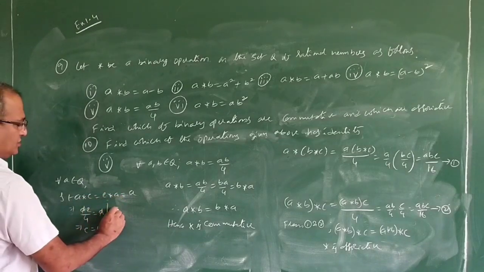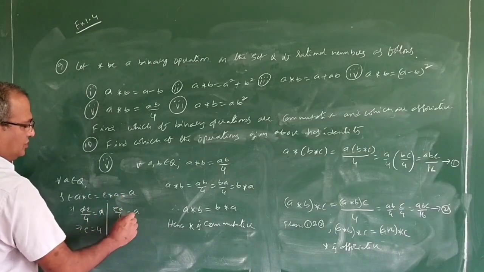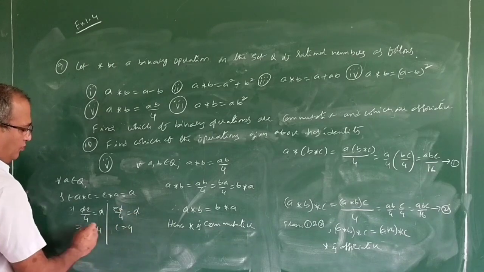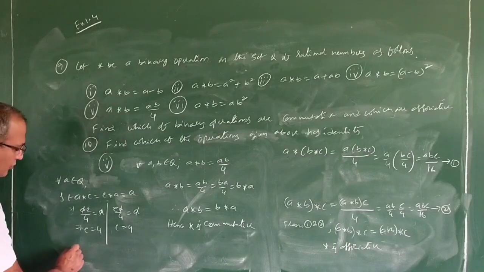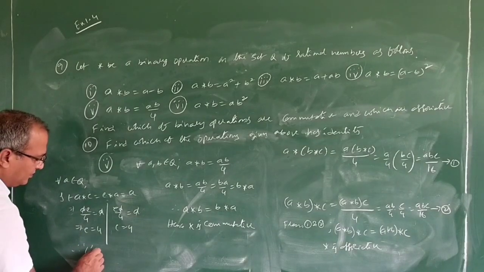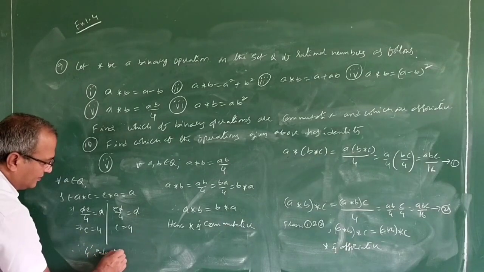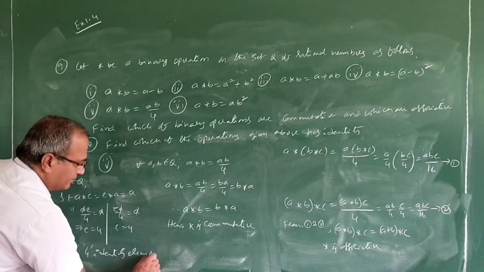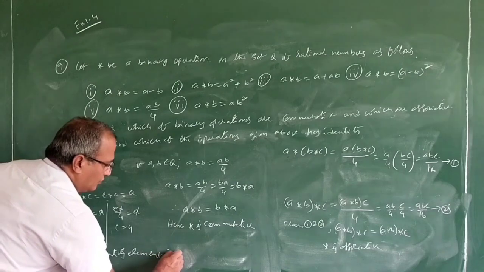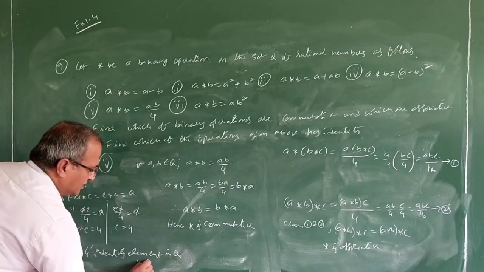Here also EA by 4 is equal to A, E is equal to 4. In both cases we got the same 4, therefore 4 is the identity element in Q with respect to star.